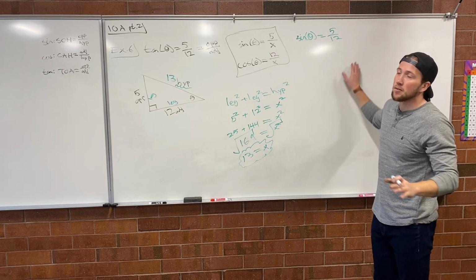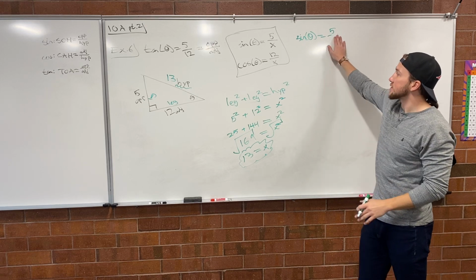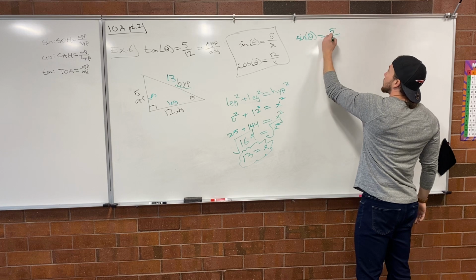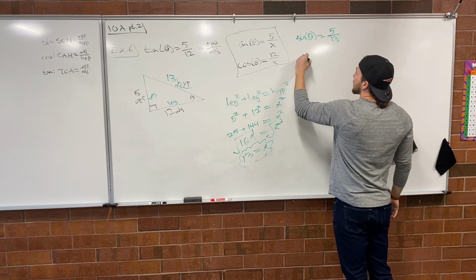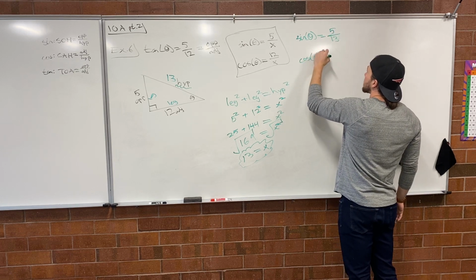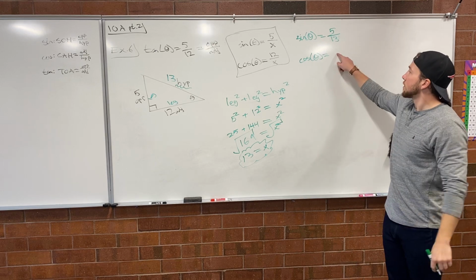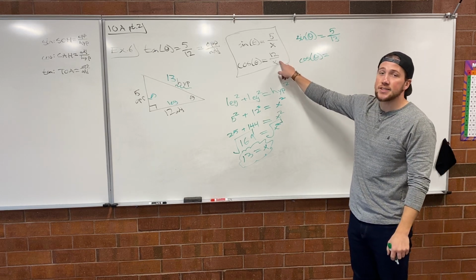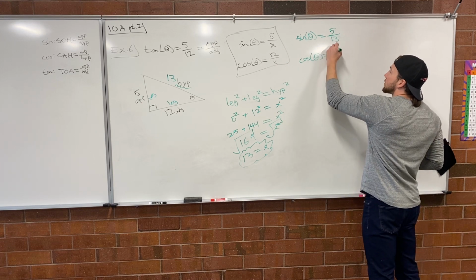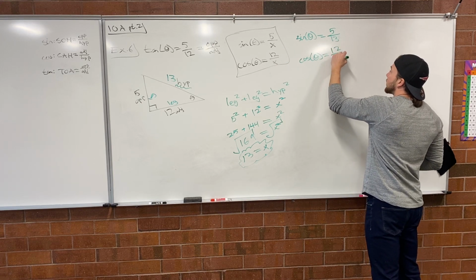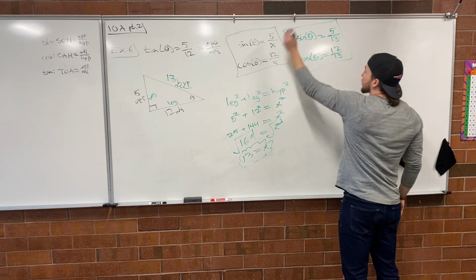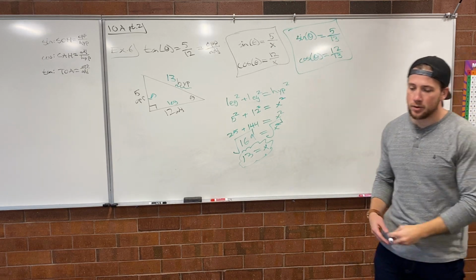Or I'm sorry, it's not 5 over 12. That's incorrect. We decided x is 13, so it's 5 over 13. Okay, cosine of theta. Well, cosine of theta, we keep the same thing, 12 over x. x is now 13, so cosine of theta is going to be 12 over 13. Okay, so both of these are correct, and we're in good shape.